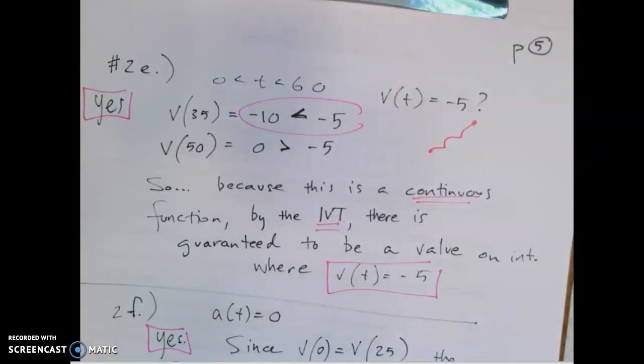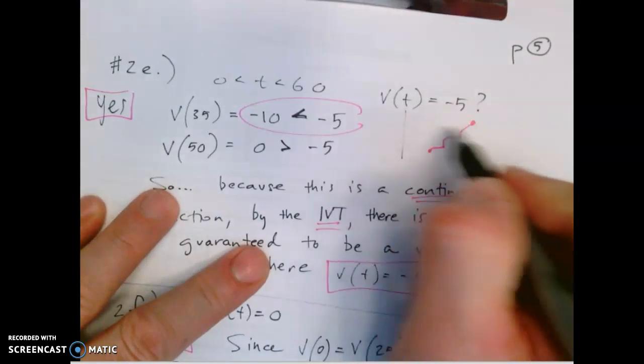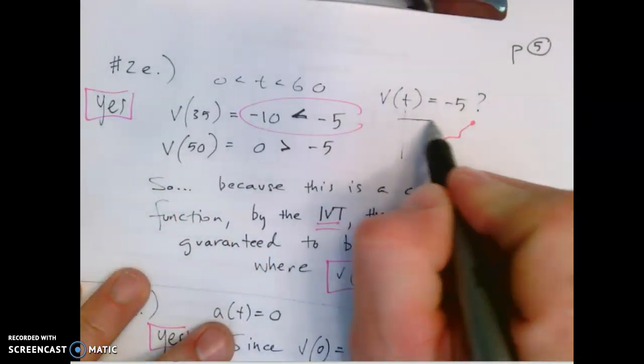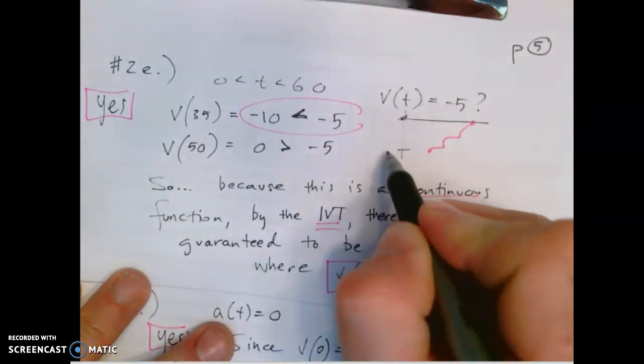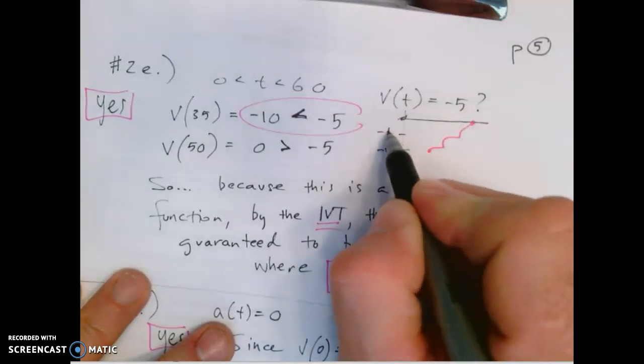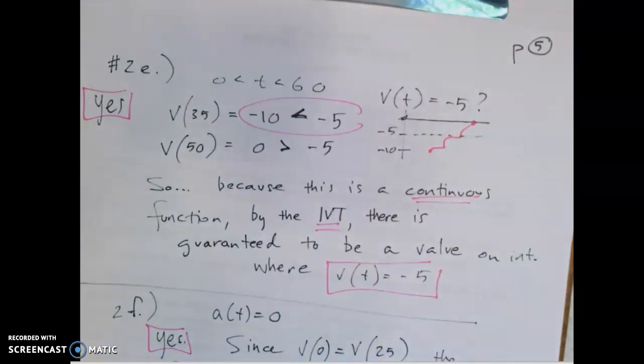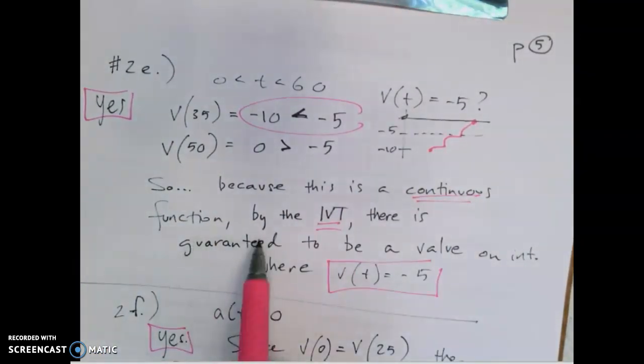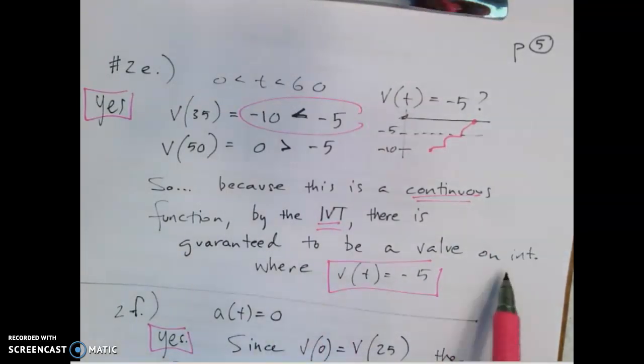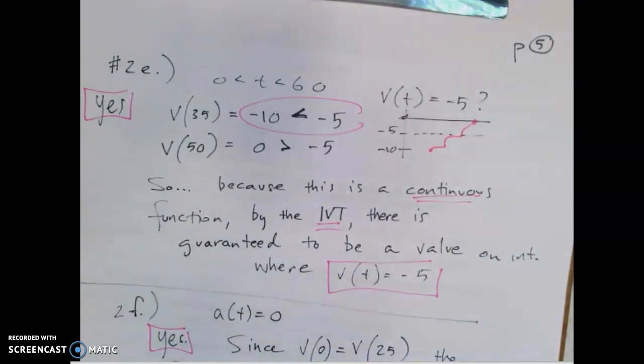That's what this is talking about. This is 0, this is negative 10, this is negative 5. At some point, it has to cross over negative 5. And because it is a continuous function, by the intermediate value theorem, there is guaranteed to be a value on the interval where v of t is equal to negative 5.